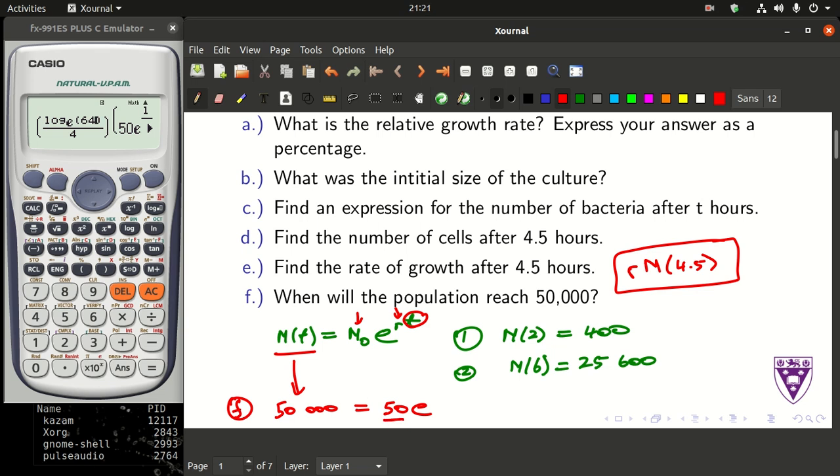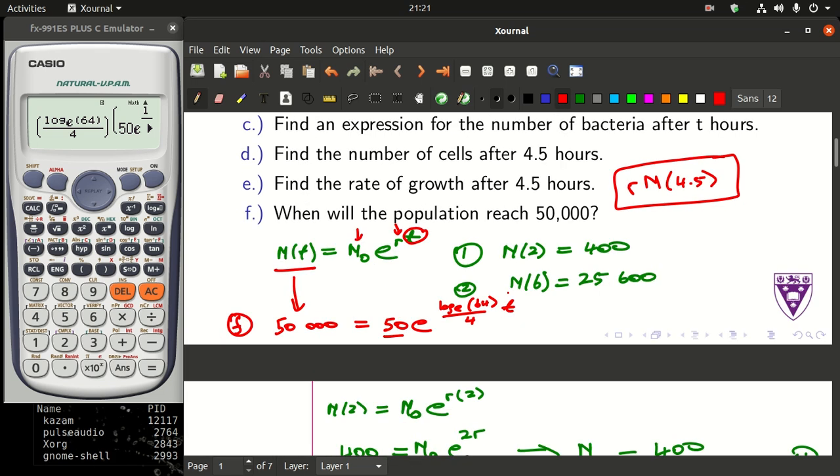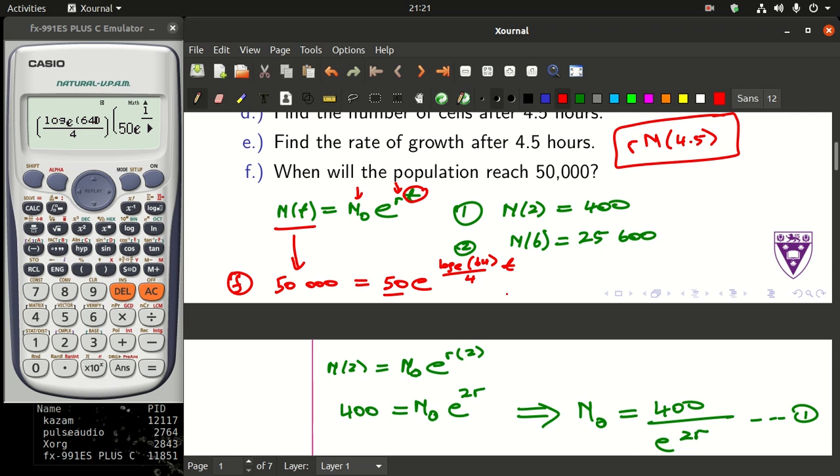So n naught was this, r was log e 64 all over 4, times some t. So you actually solve for t for this particular problem here, but just for the purpose of this particular video, if let's say I have a 0 here, I can solve this.